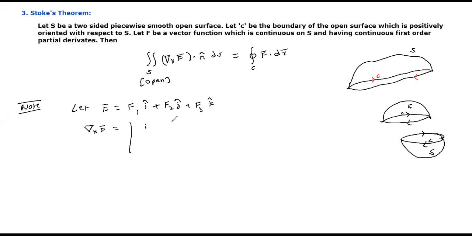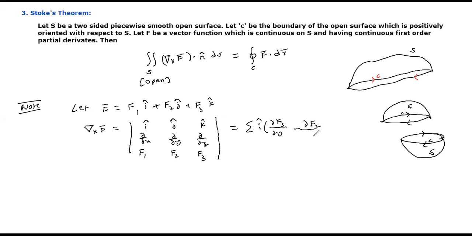It is the determinant of i, j, k; dou by dou x, dou by dou y, dou by dou z; first component, second component, third component. This you can write as i into dou f3 by dou y minus dou f2 by dou z, and so on.